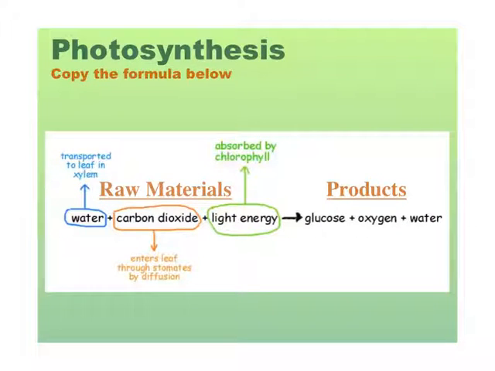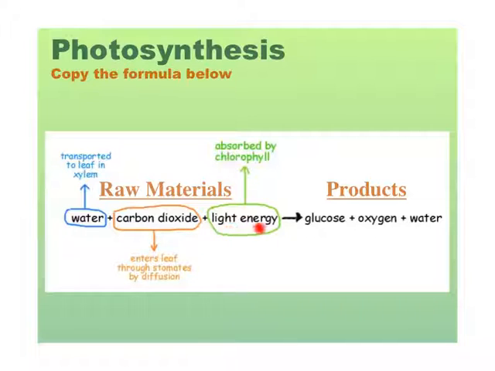Here's the chemical formula for photosynthesis. The water comes up through the roots and through the stem, through the xylem. Those are the little tubes that the transpiration is pulling that water, capillary action, up through the xylem to the leaf. Carbon dioxide comes in through the stoma and into the chloroplast.